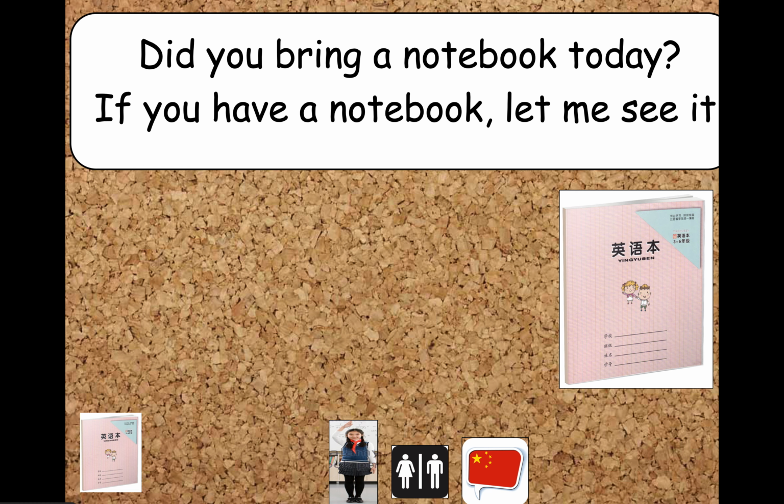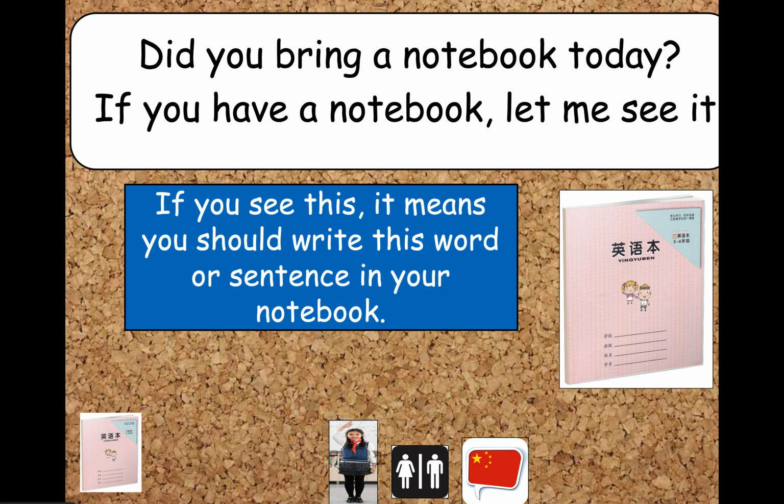Now, this is another thing I do in each class. Did you bring a notebook today? If you have a notebook, let me see it. Now, they should all, by the third, fourth week, they'll be prepared with their notebook on the desk. And other students will already know that I'm going to ask this. So they'll be pointing out students that don't have their notebook. And they will call each other out. Now, what I do is I make all the students stand up that don't have their notebook. And for each student that doesn't have a notebook, I remove a point from their team.